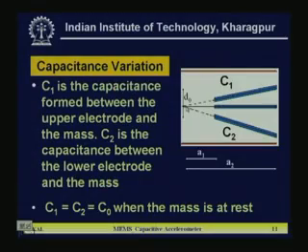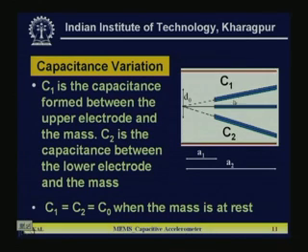Now, as I told you, there are two capacitances. How the capacitance changes is shown in the diagram. The red lines, top and bottom, are the two fixed parallel plates, that is the top electrode and bottom electrode, and the middle one is the sensing element. With the movement of this whole structure, the seismic mass will go upward or downward, depending on its acceleration or deceleration.